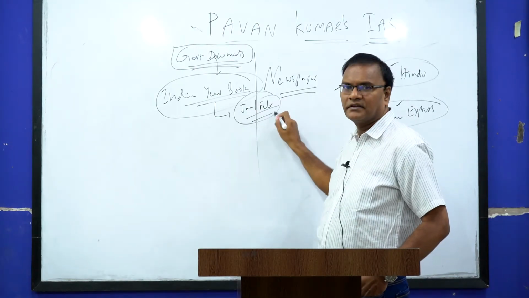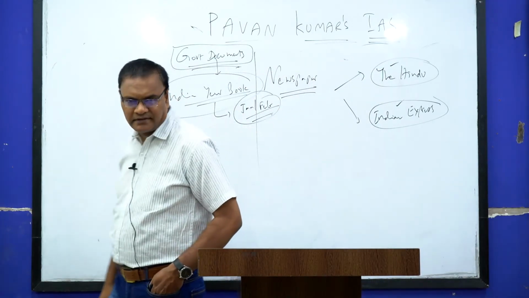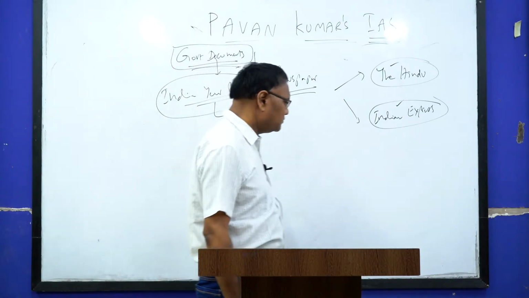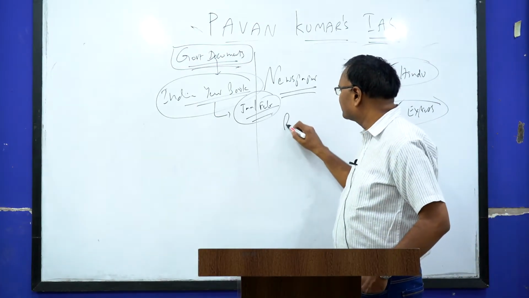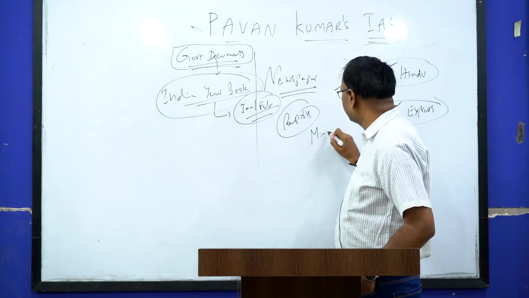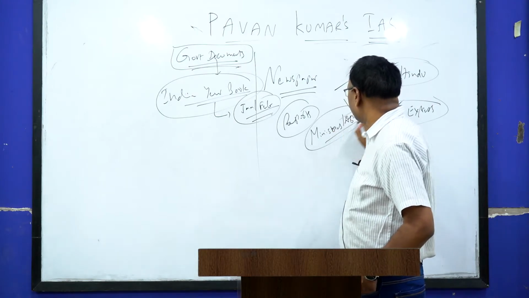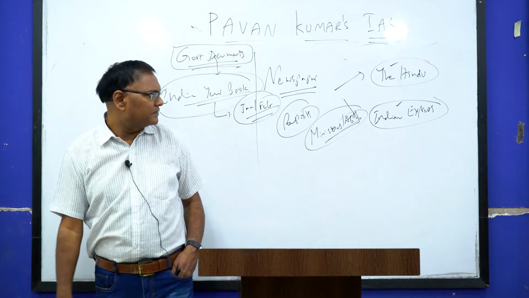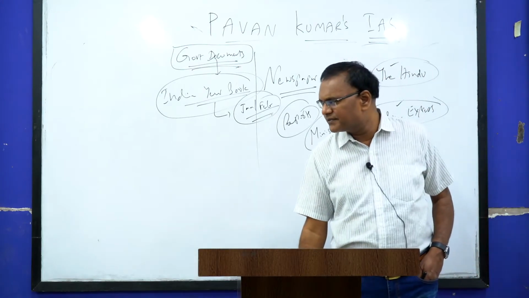This India Yearbook is the most important document because it comes out with the annual reports of most of the ministries and departments. So it is very, very important for you from your examination point of view.